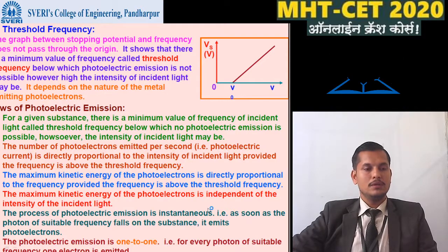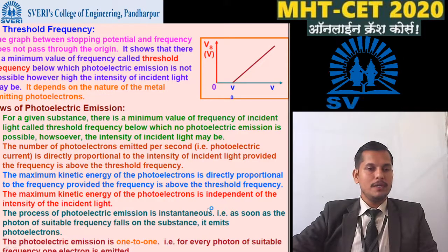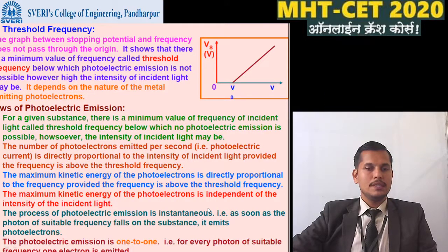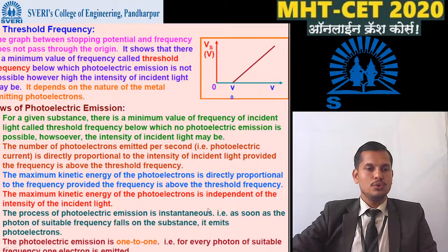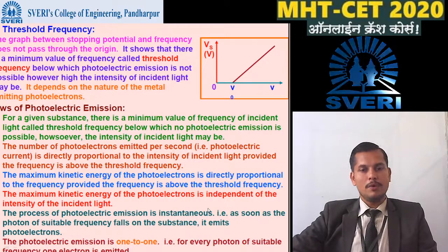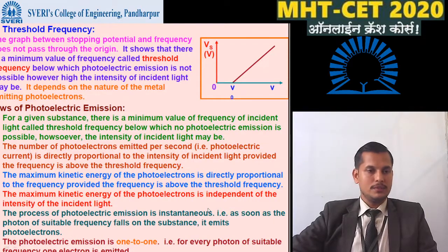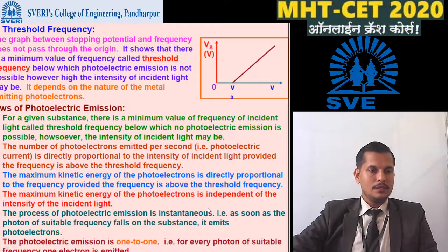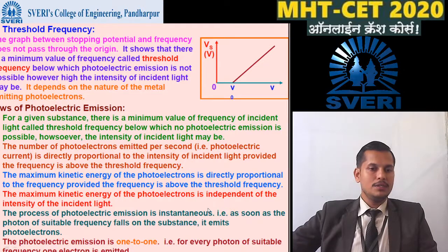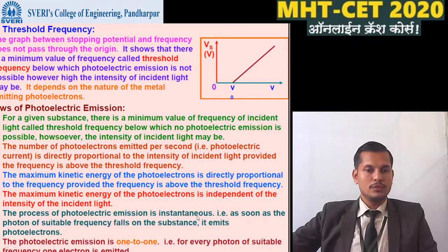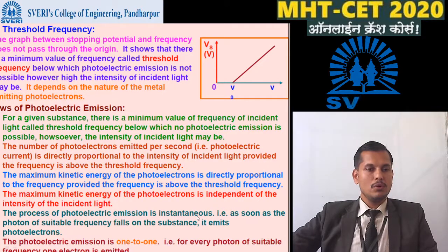Third one, the maximum kinetic energy of the photoelectrons is directly proportional to the frequency, provided the frequency is above the threshold frequency. Next, the maximum kinetic energy of the photoelectrons is independent of the intensity of the incident light.